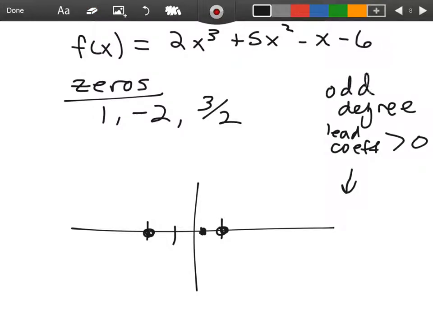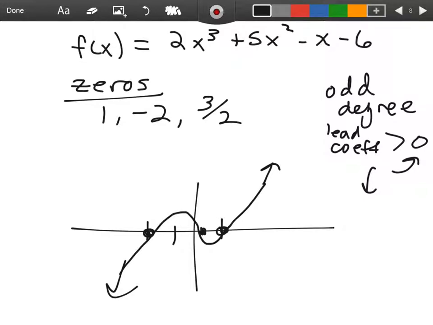Sorry. So if we look at our little table, our end behavior looks like that. So we know it's down here and up here. And since it's odd degree, we know we have n minus 1, so 2 turning points. So you can see that we can draw this crossing here and here and have 2 turning points, and then it ends up with our end behavior going the other directions.